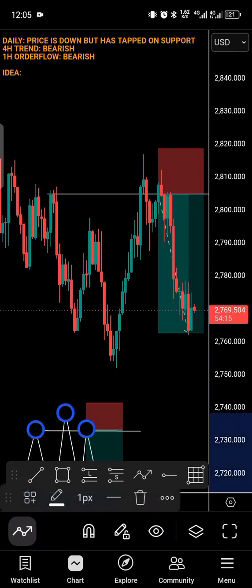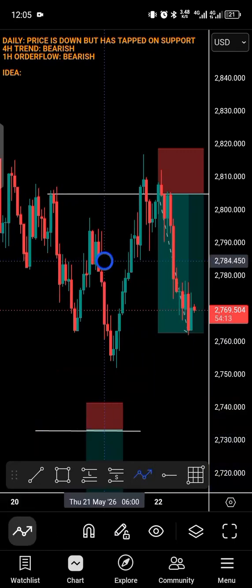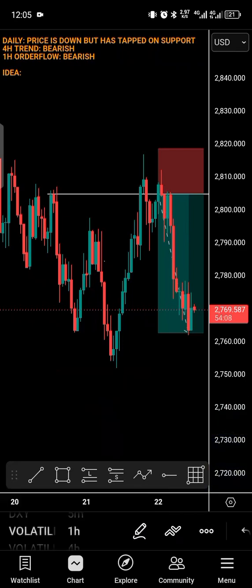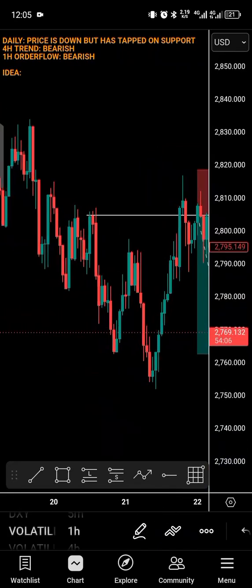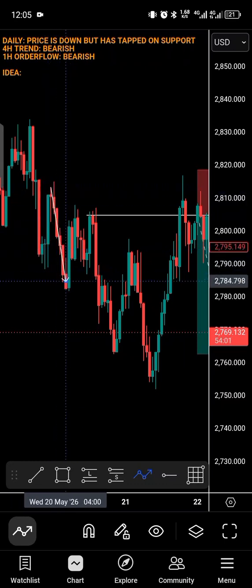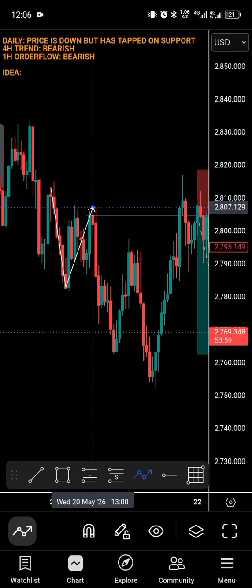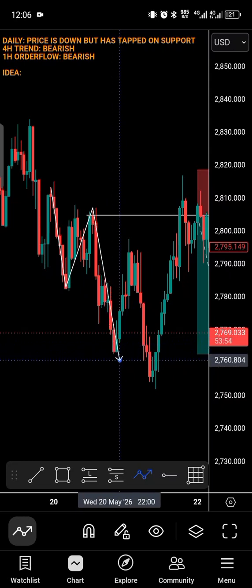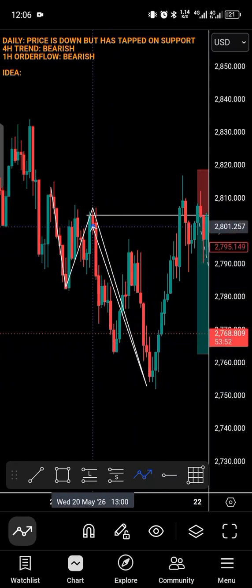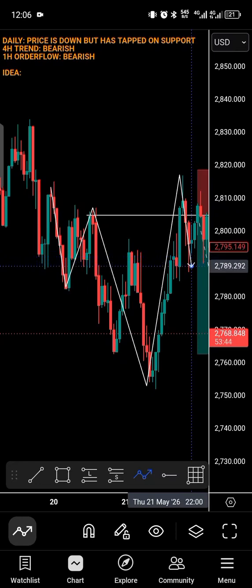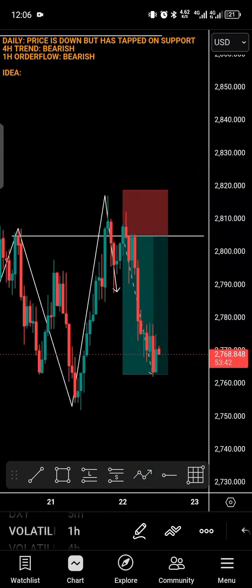So how did I catch this trade? Let me delete this first. If you notice, price was already in a downtrend, and then came all the way down.